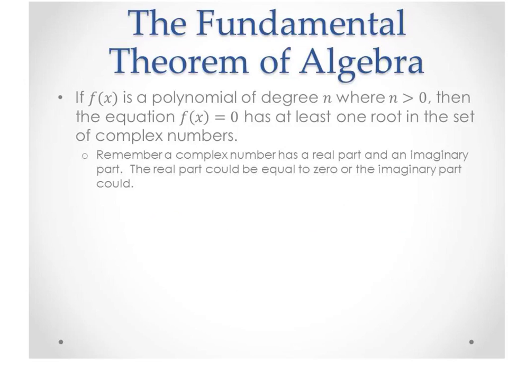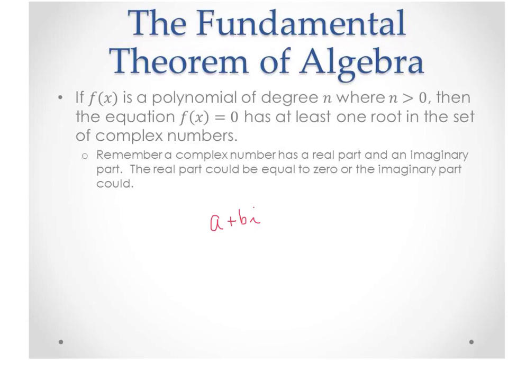Okay, so what this says is that if you have a degree of 1, 2, 3, 4, etc., a degree that's a positive number, then you have at least one root in the set of complex numbers. Now, remember your standard form of a complex number is a plus bi.